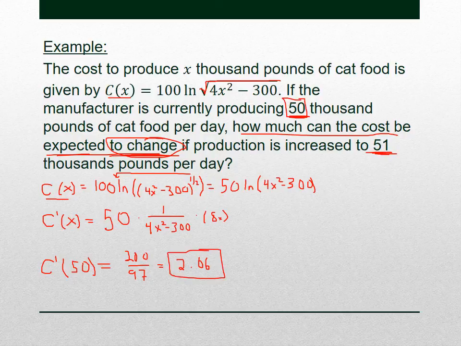So again, I plugged in 50 and I got 200 over 97, which is about 2-ish, right? It looks like almost 200 over 100. It's about 2.06.